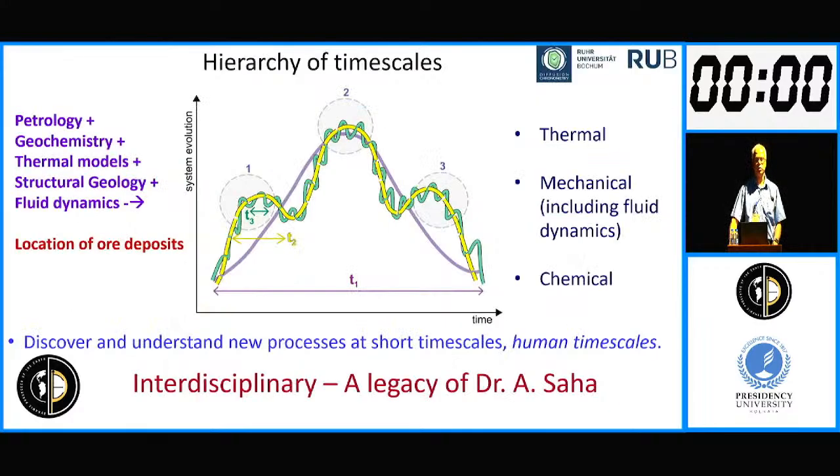So to work the whole thing out, you need to work on petrology, geochemistry, thermal models, structural geology, and fluid dynamics all together to work out things like location of ore deposits in that case.